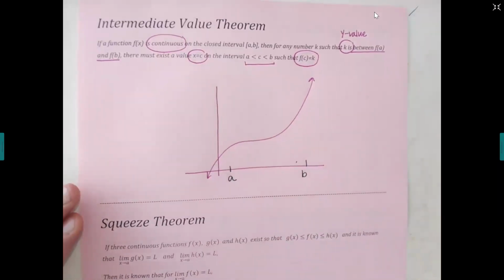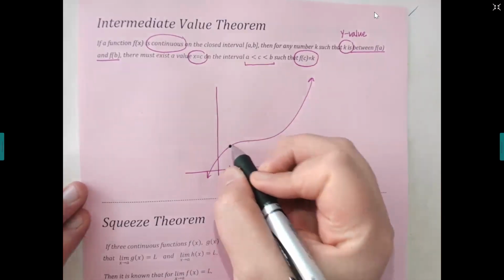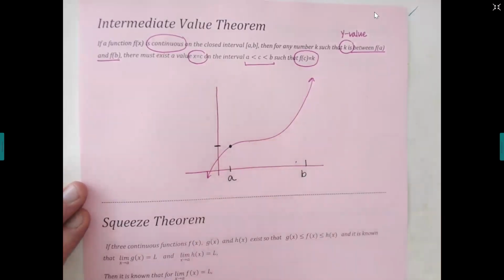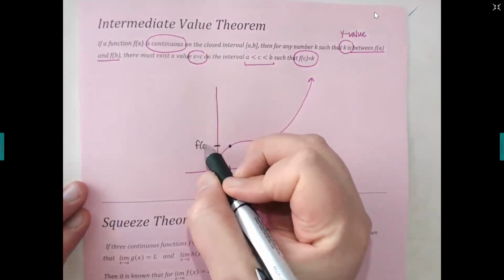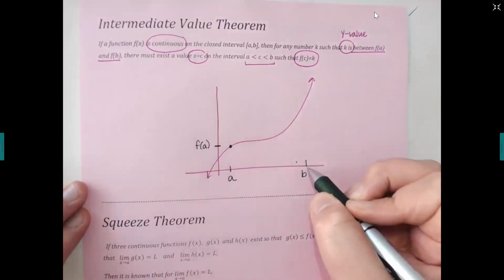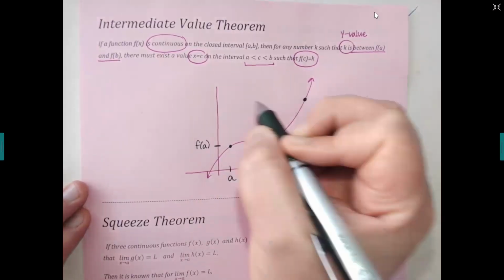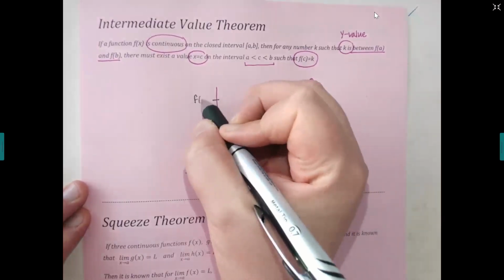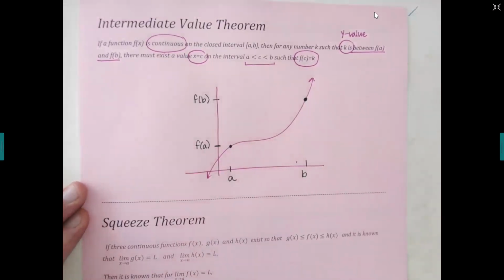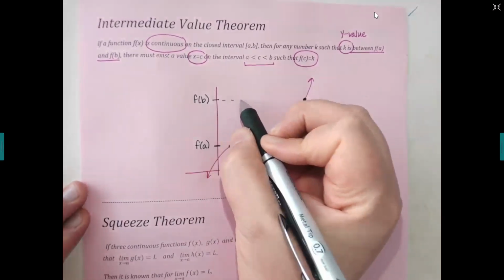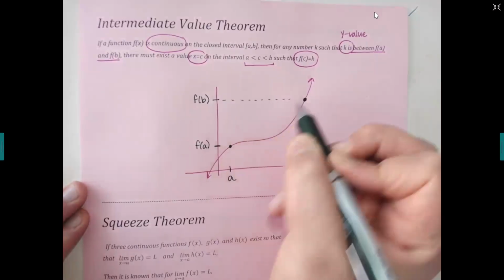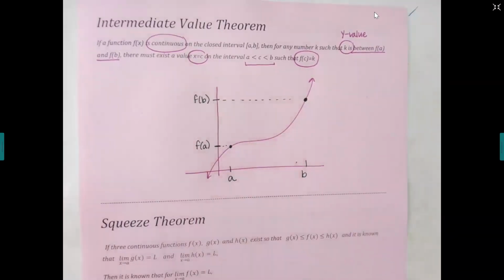First, find f of A and f of B. f of A would be how tall the graph is here, so let's label that f of A. And f of B is how tall the graph is over here. If you want, put a little dotted line here. A and B are my x's, f of A and f of B are my y's.